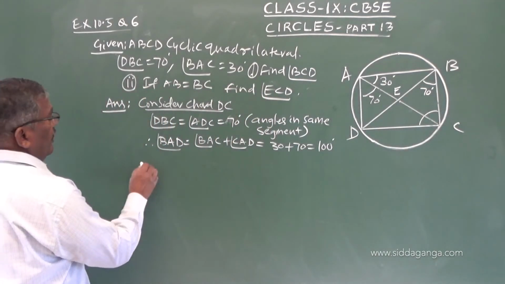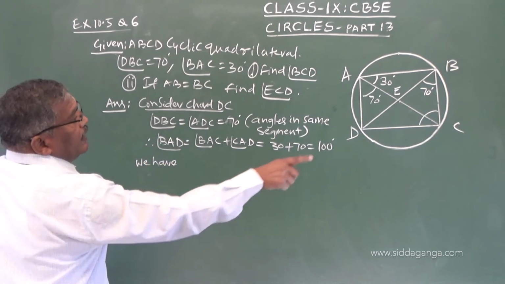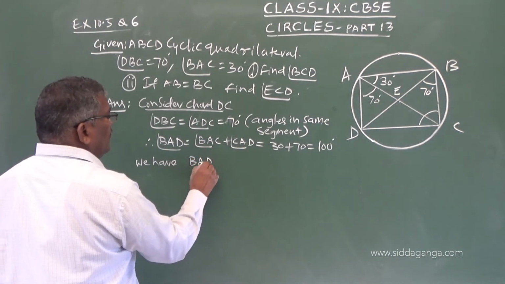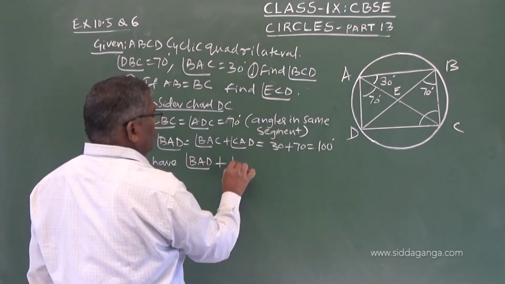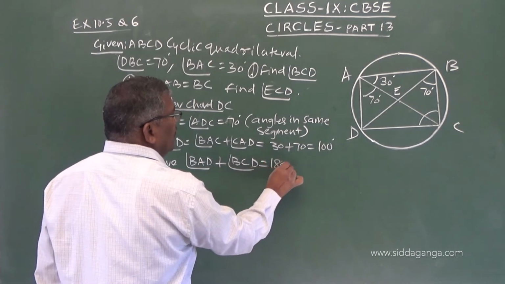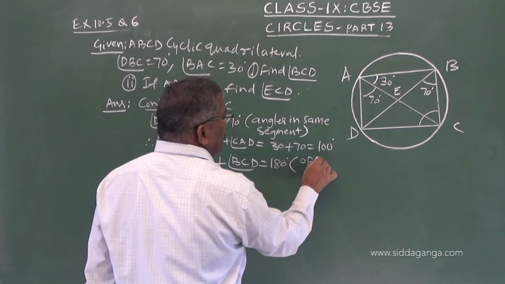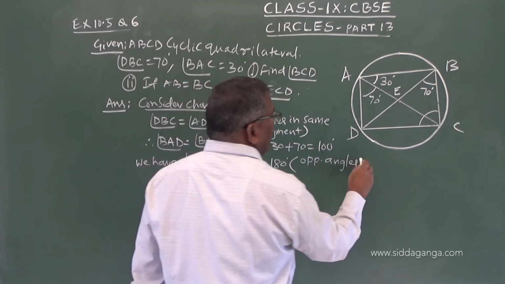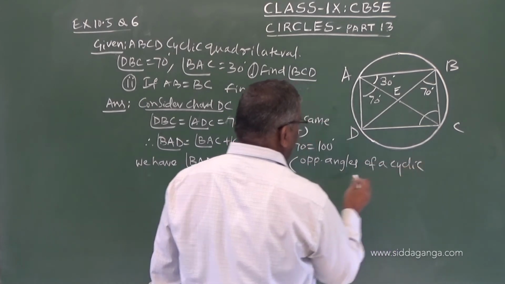So we have angle BAD plus BCD must be equal to 180 degree. Reason is opposite angles of a cyclic quadrilateral.